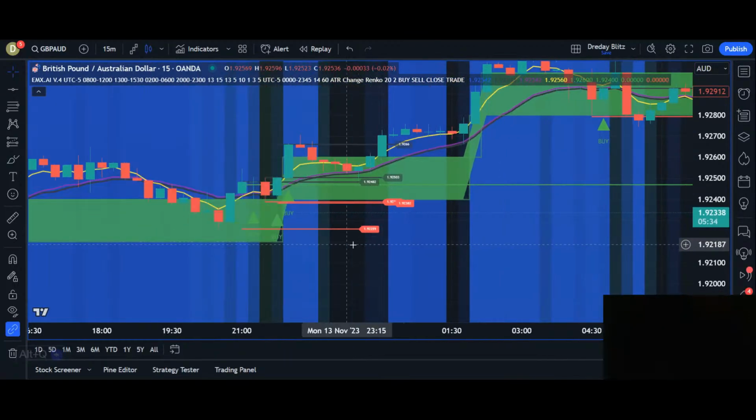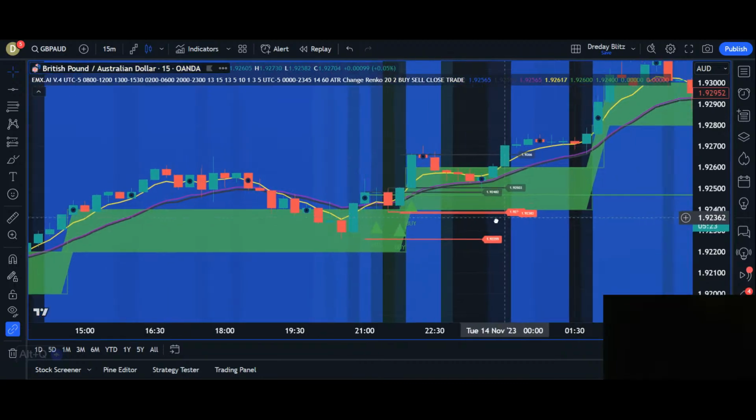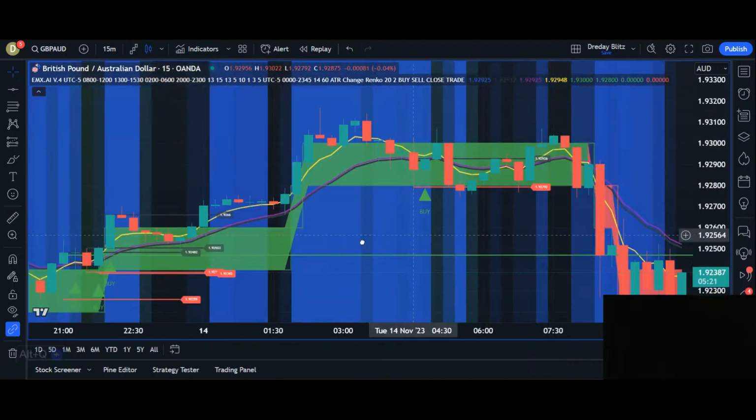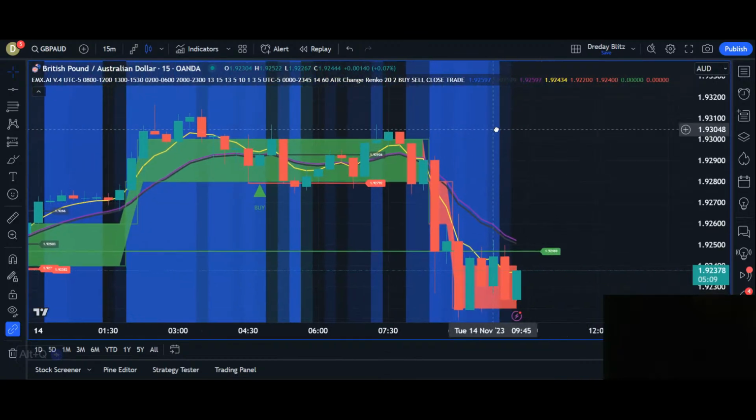So we did have yesterday two buys. There was one at 9:15, and then another one at 9:45. Still went up. There's another one at 6 o'clock this morning. Sorry, no, at 4:45. Then it switched.